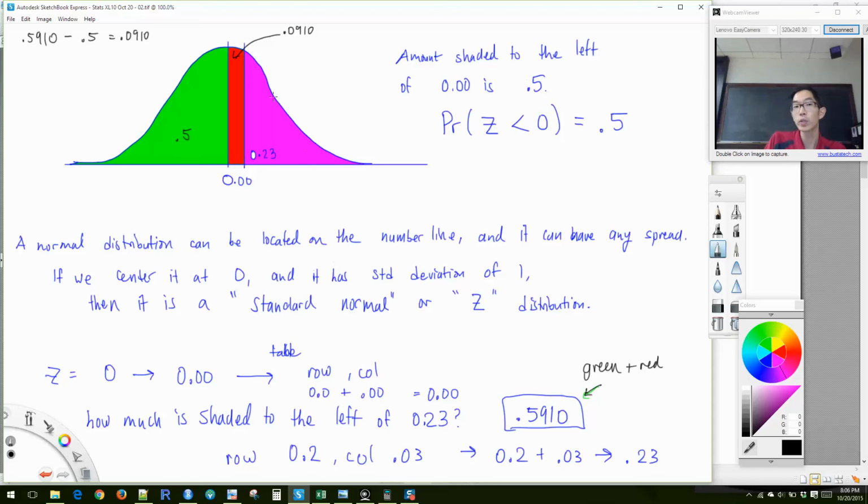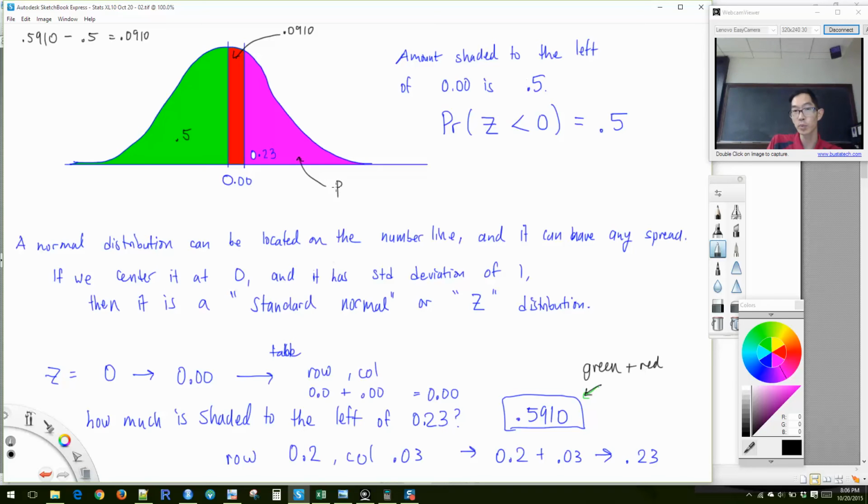So what do we know about the hill? If we shade everything under the hill, how much will we have shaded? 1, right? Do I know how much is not purple? We know that the red and the green combined is 0.5910. So how much has to be purple?